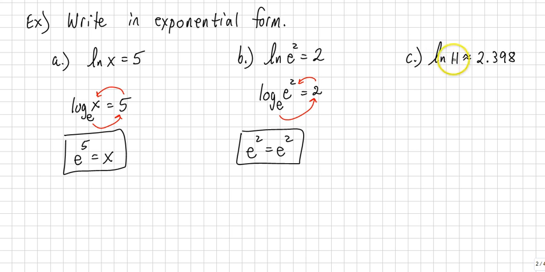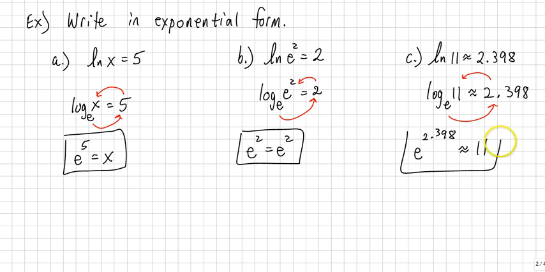For this one, natural log of 11 is approximately 2.398. You could write this as log base e of 11, because that's exactly what ln of 11 means. And then you can do the circle thing. So e to the 2.398 power is approximately 11.